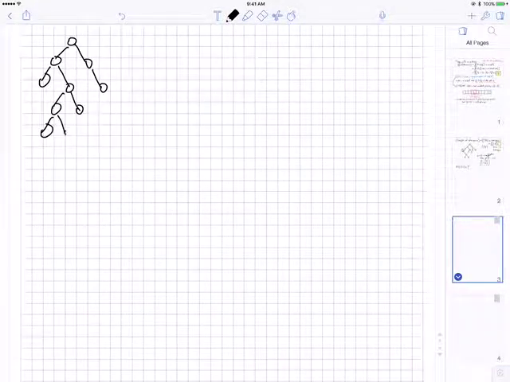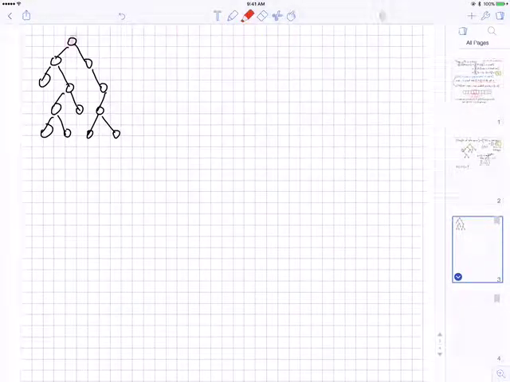Okay, so the problem is the following. I have a binary tree, and one of the nodes in the binary tree knows a secret.